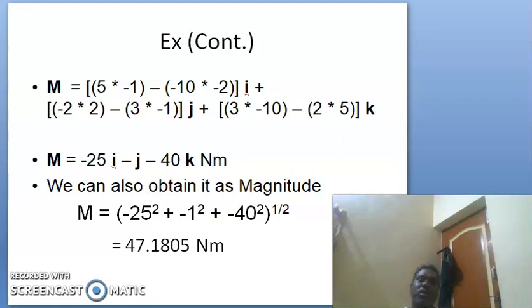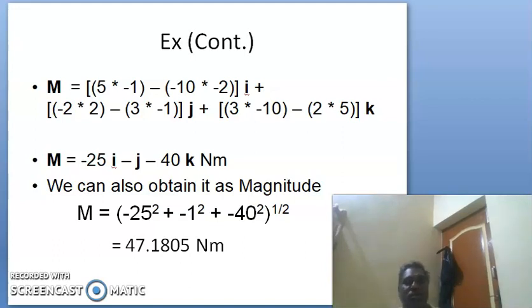But we can also obtain its magnitude, which is given by M equal to the square root of minus 25 square plus minus 1 square plus minus 40 square. Instead of square root, here the expression is shown as whole power half, which is nothing but square root. So this gives us the answer as 47.1805 newton meters.